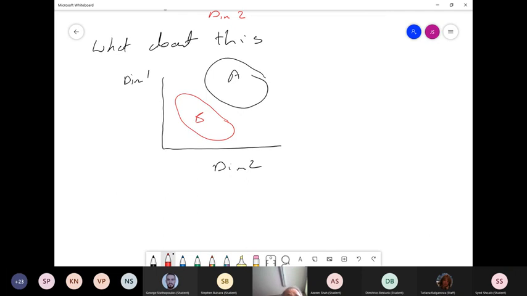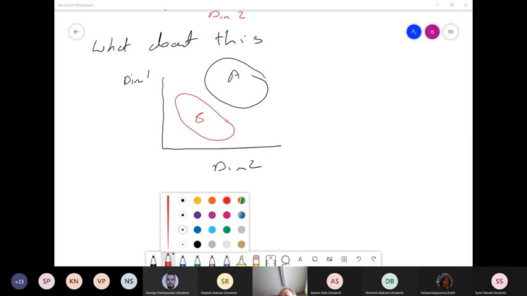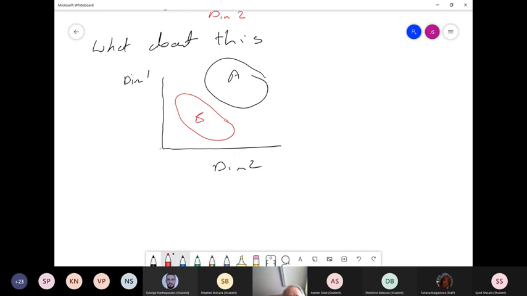But if I have a decision surface which goes through the origin defined by a weight vector there, I can move W in 2 dimensions.